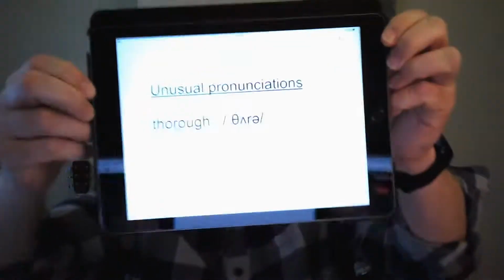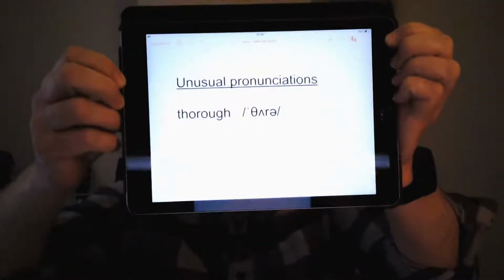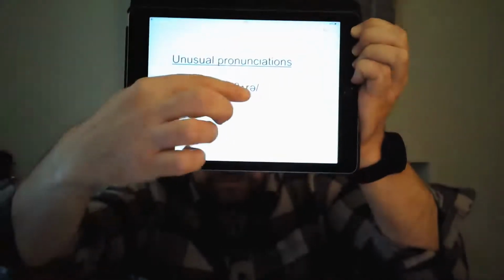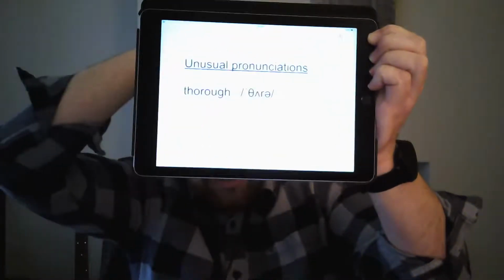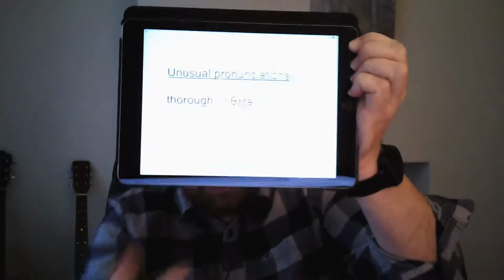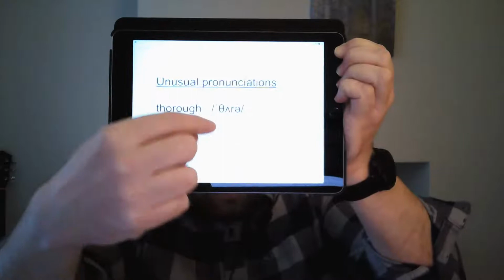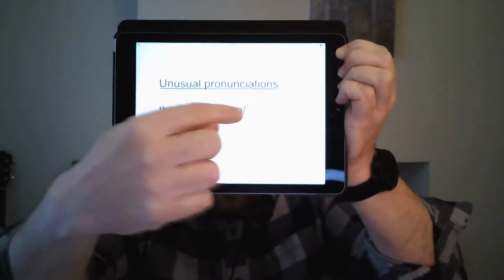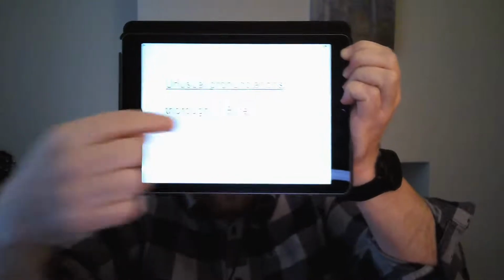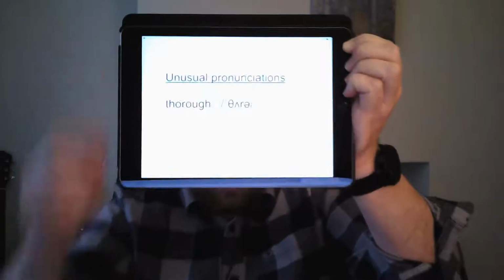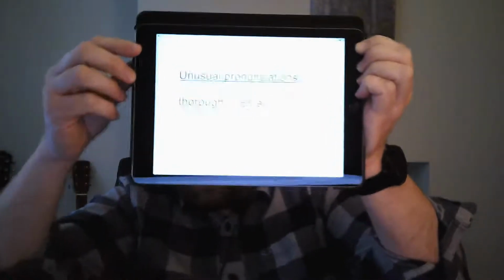Okay, so these are unusual pronunciations, things that students often have issues with. So we've got this word here. If we look at the pronunciation, first thing that we can see is that it's actually easier to pronounce than it seems, because it's quite a short pronunciation. So it's thorough, thorough. If we look at the long spelling with all those vowels and the GH, people often look at that word and think, oh my God, how do you spell that?